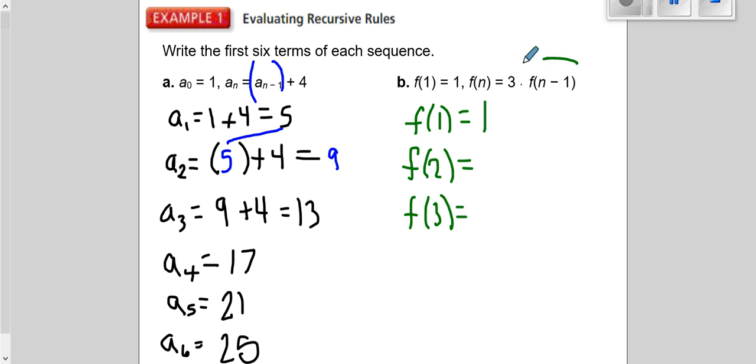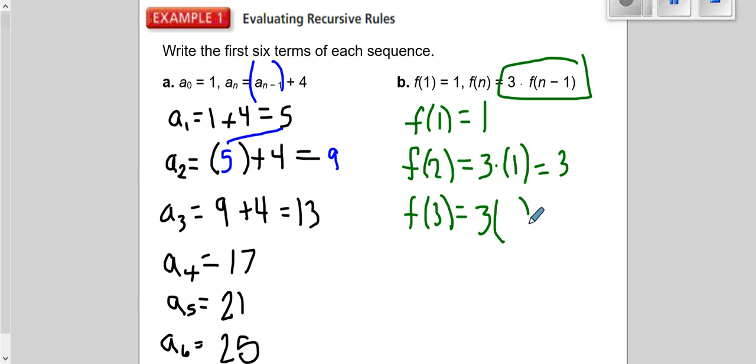F of 2 says f of n equals 3 times, this is representing the previous term, f of n minus 1. So that's the term before the nth term. So 3 times the previous term.